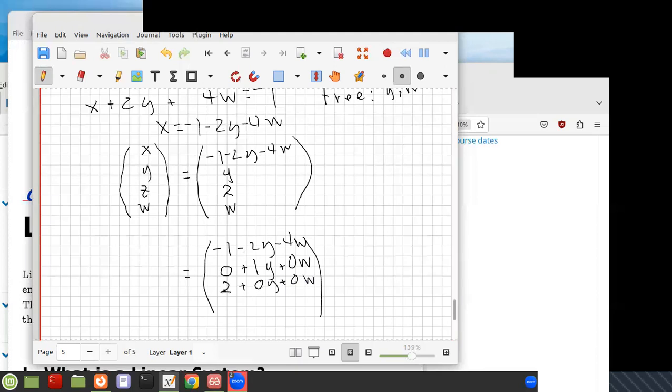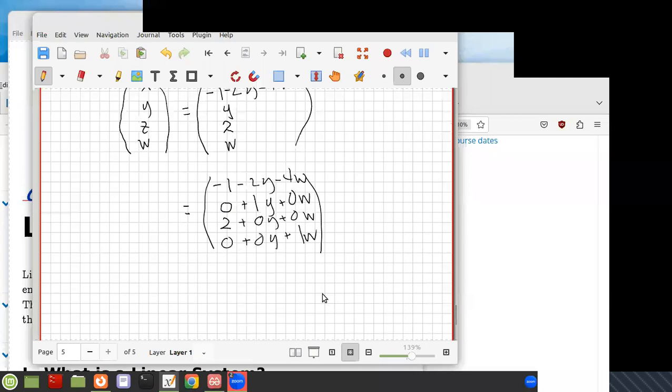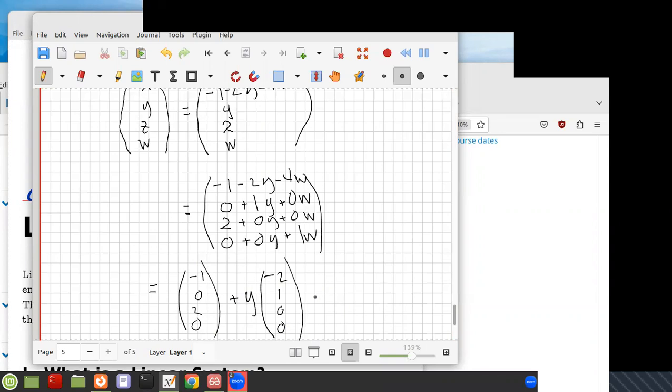And the last one here is 0 plus 0Y plus 1W. Okay, so then I can just read off now the solution with vectors. The first column here is -1, 0, 2, 0, plus Y times -2, 1, 0, 0, plus W times -4, 0, 0, 1. Okay, that gives the form.